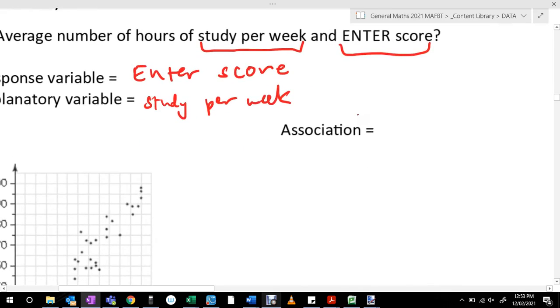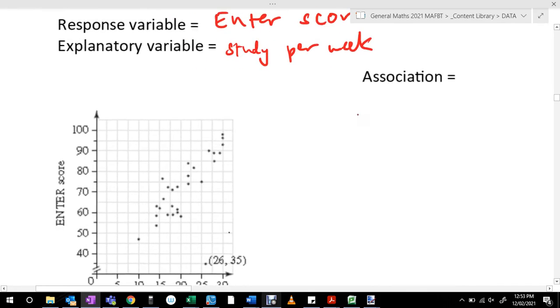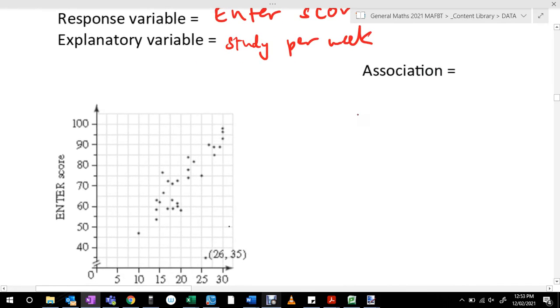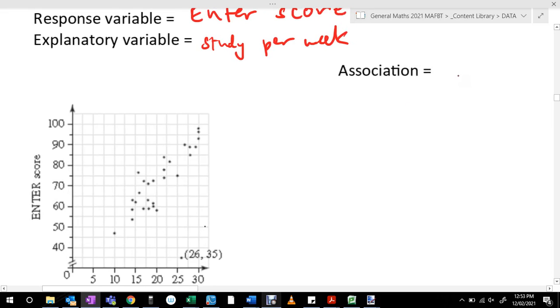Okay, now think about the association. Let's talk about the direction, the form, and the strength. So this is what? Positive. Linear. You have to put in that exact wording. It doesn't have to be in order, but let's do it in order. I would say this is probably strong, but the outlier might make it moderate.